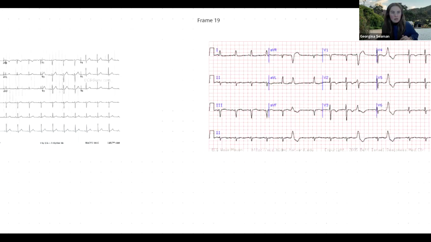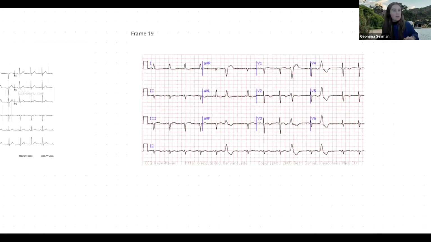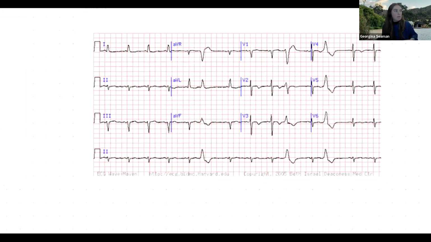Okay, so what's our suspicious sign out of this one? Think about the wheel that you just saw, and look at the positivity or negativity. Start with those limb leads. Start with our favorite lead. What's our favorite lead that we need to look at? Lead 2 should be very positive, but it seems to be both positive and negative.